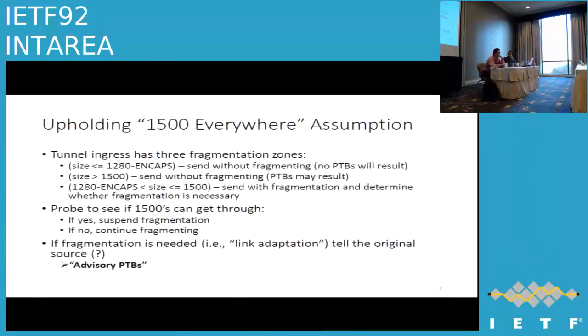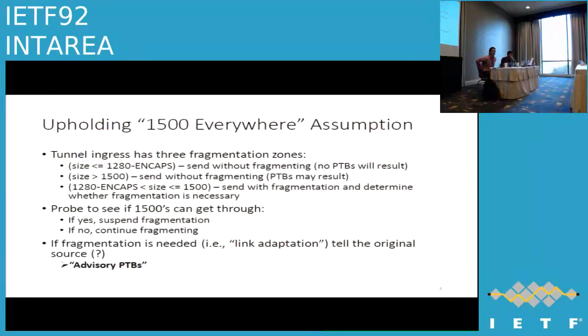To uphold the 1500 everywhere assumption, one strategy a tunnel ingress could employ is to say anything smaller than 1280 minus encaps we can send without fragmenting, because it's guaranteed to fit within the 1280 byte minimum MTU. Anything larger than 1500 bytes we can send without fragmenting, because hosts that send packets larger than 1500 are really supposed to be doing RFC 4821, in other words, sensing that those packets are getting through without being dropped by a black hole.